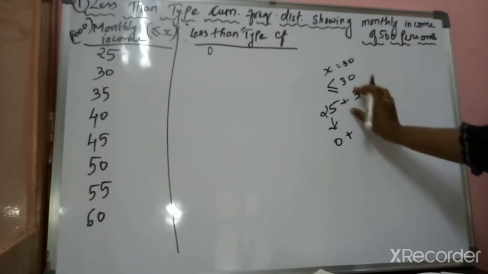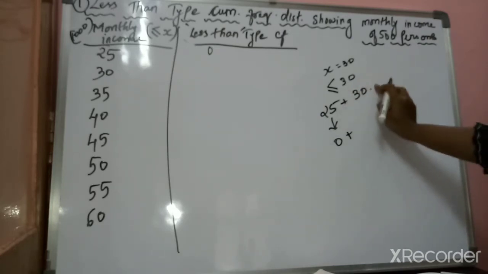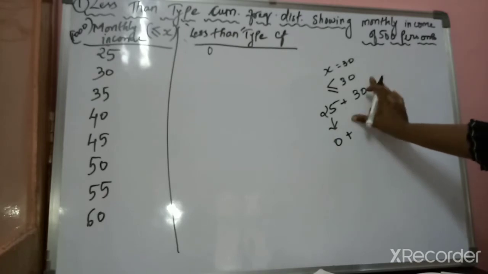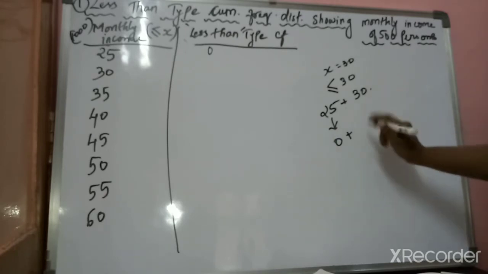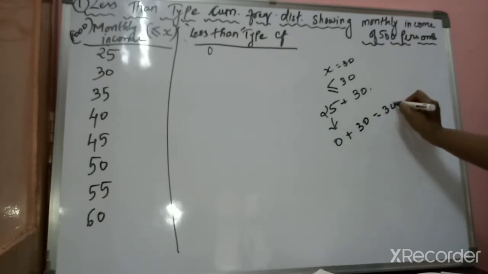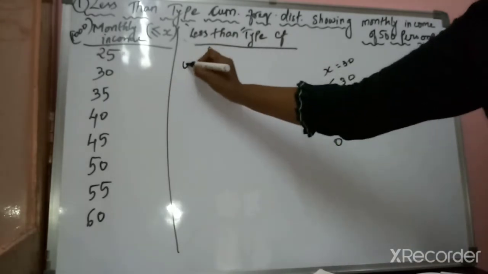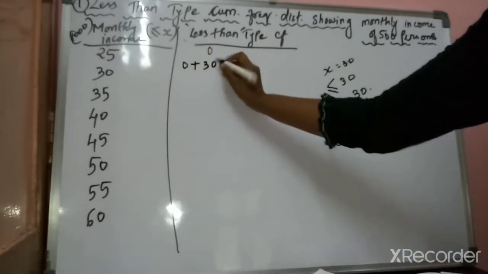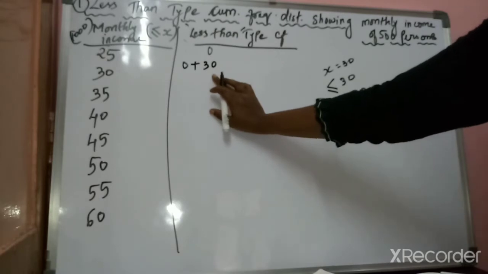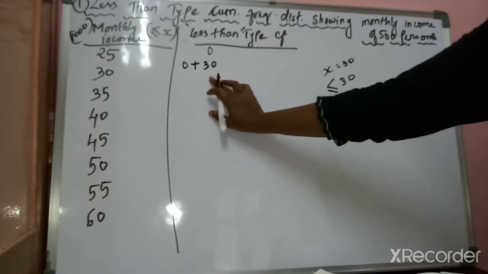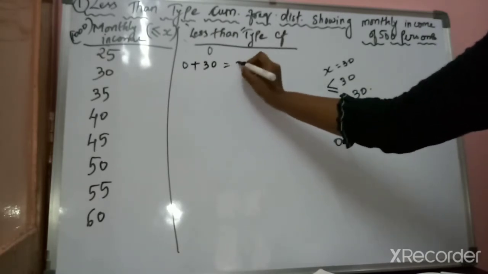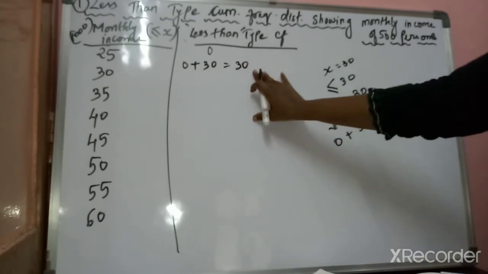Less than or equal to 30,000, how many persons are there? 30 people are there. So 0 plus 30 would be your 30. You can write it like this, 0 plus 30. These are your frequencies. Look into your textbook, the frequency has been given to you. So 0 plus 30 equals 30. Like this you have to move on.